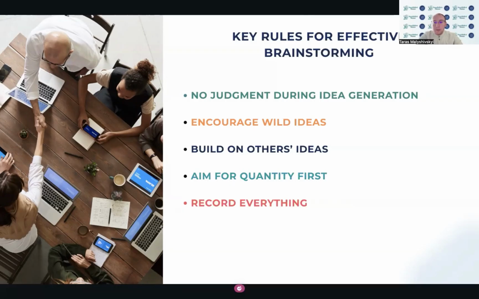The third one is build on others' ideas. Once an idea is spoken out loud, it becomes the idea of the group. So everyone can improve it, everyone can change it a bit, and it's totally okay. Everyone has to be okay with it.